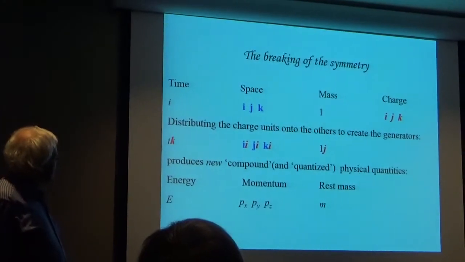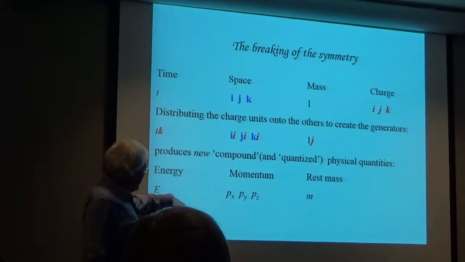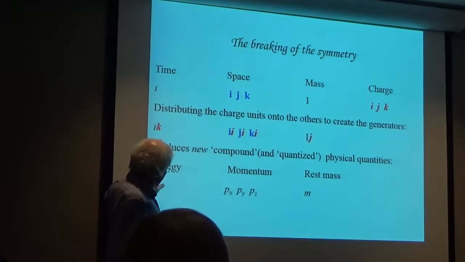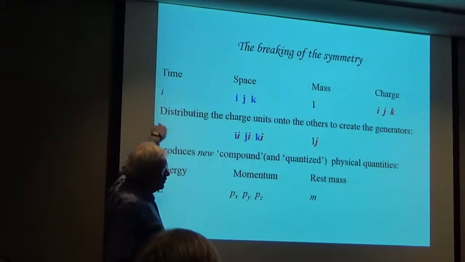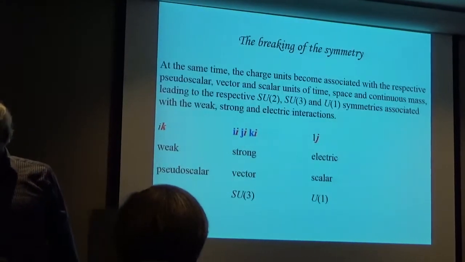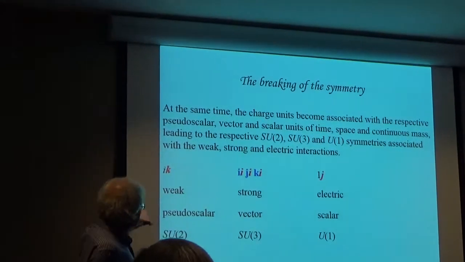So, okay, we now create the generator, so we've got new quantities. And these, E and P and M, are just scalar values of these. These aren't actually the energy, this is just the scalar value. This is the energy, the algebraic unit is the energy. Now at the same time, we're breaking the symmetry of the three charges.